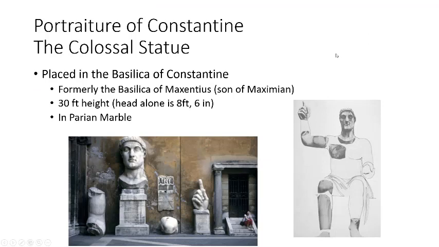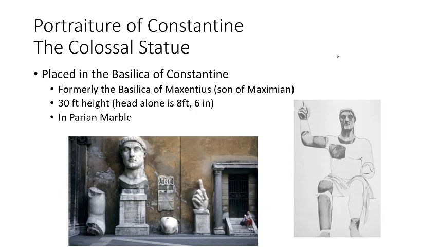And finally, the last Roman I plan to talk about is Constantine. Constantine has created, I think this particular statue was referenced in your readings last week, the colossal statue of Constantine. It's placed in a basilica.